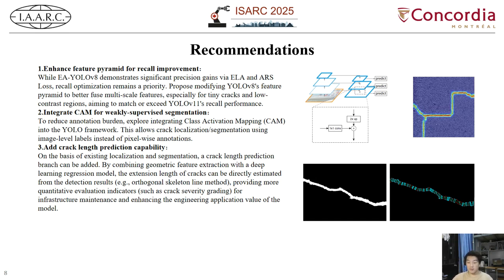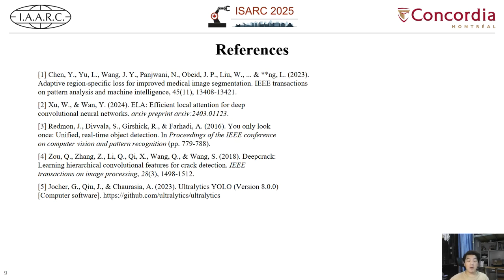Thirdly, we want to add a length prediction branch using methods like orthogonal skeleton lines to provide quantitative metrics for maintenance. Our work builds on these key references, including ELA and ARS loss functions, and YOLO frameworks. You can feel free to check them later.